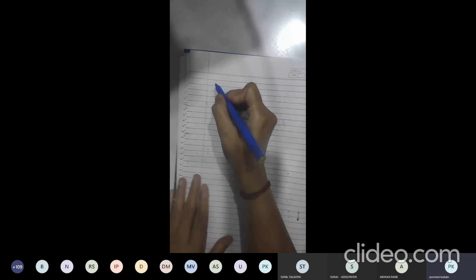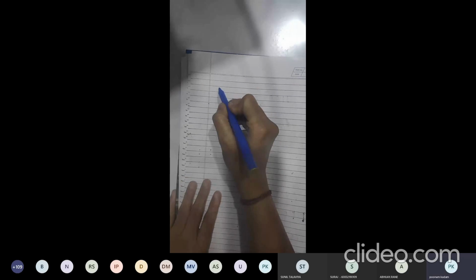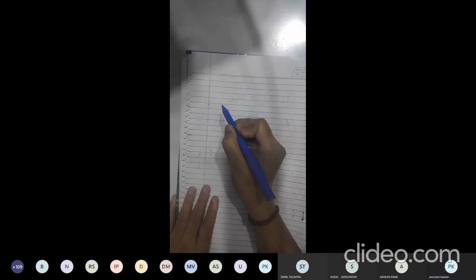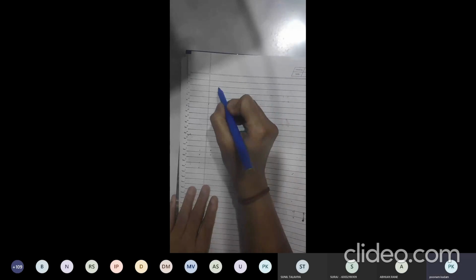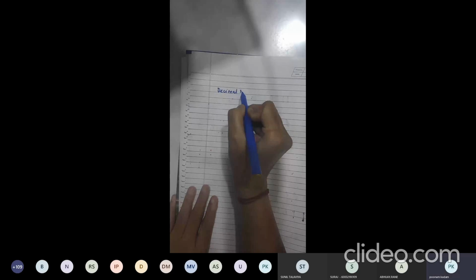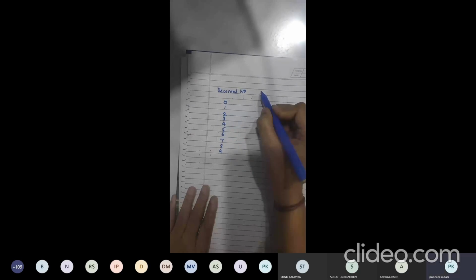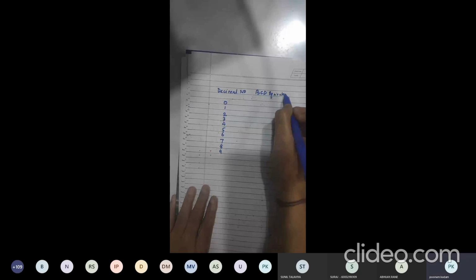As I said, BCD codes are digital codes wherein decimal numbers 0 to 9 are uniquely defined by 4-bit binary. So let us write decimal numbers from 0 to 9, and we will write the BCD equivalent of these decimal numbers.